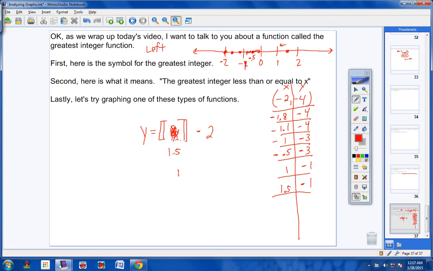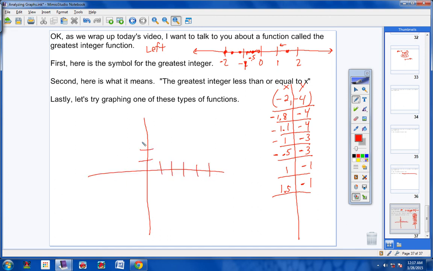Now here's what I want to show you. I want us to graph this, just a little bit of this, and I think you're going to see it. Now let's go to negative 2, negative 4, got it? So negative 2, negative 4, there it is.